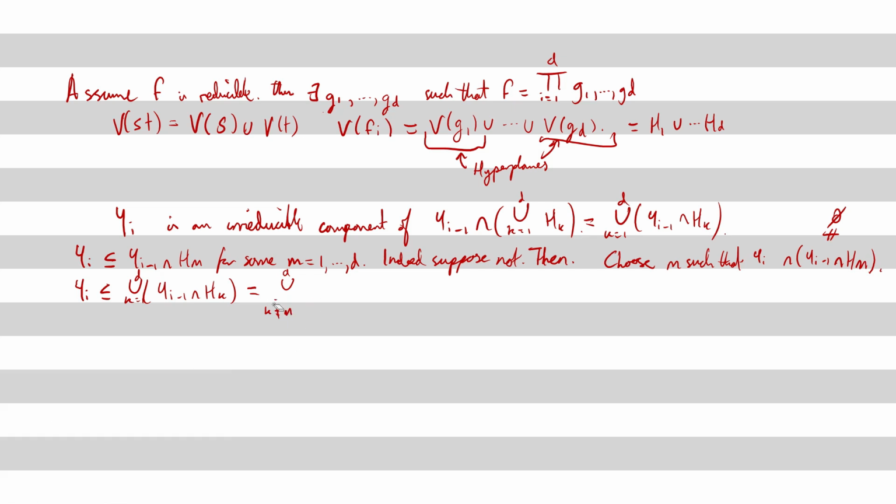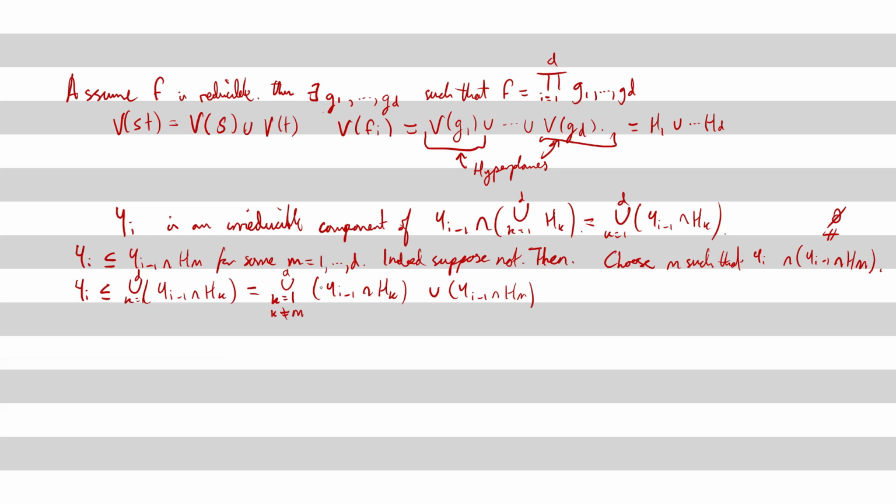Let's redo this. The union from k equals 1 to d, with k not equal to m, of Y_{i-1} intersect H_k, union Y_{i-1} intersect H_m.